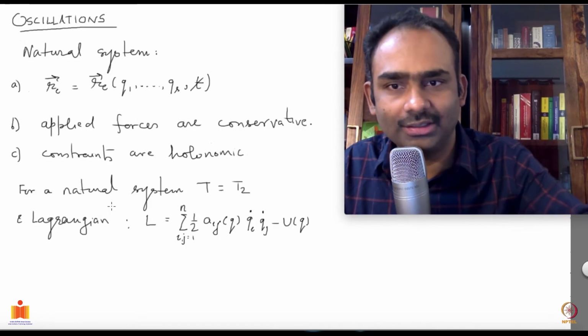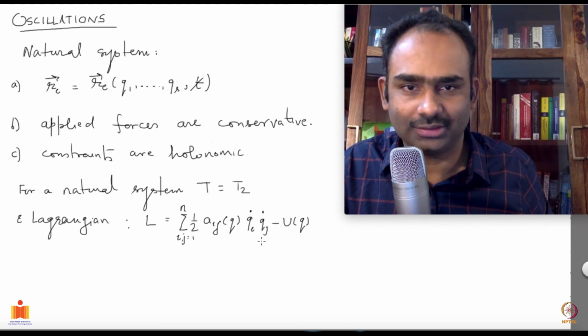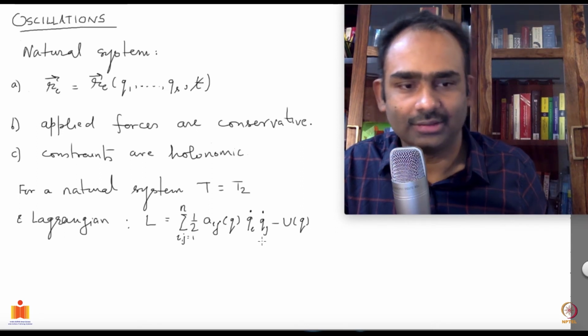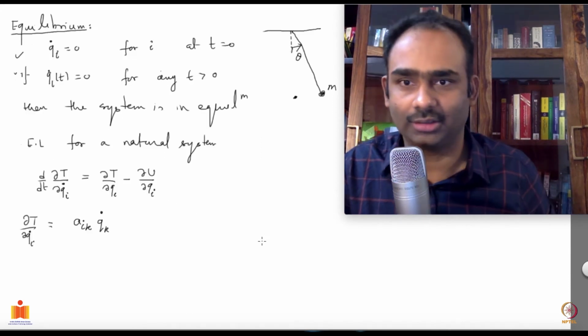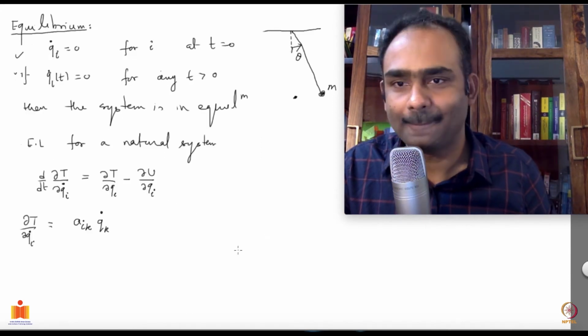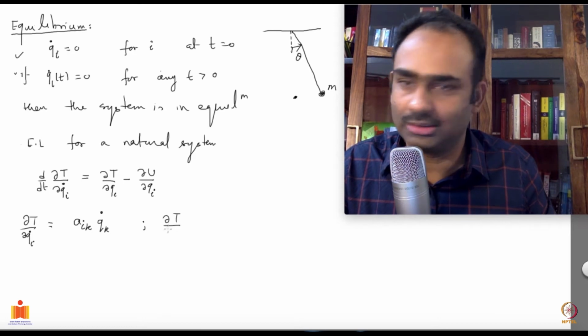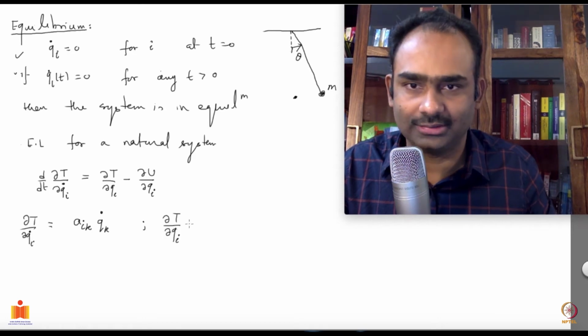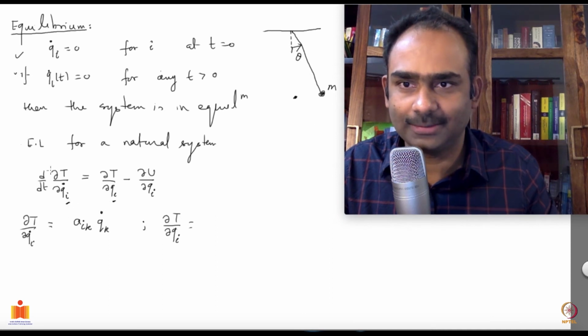What I've done is taken this piece and differentiated it with respect to the generalized velocity q i dot. So that's what you get. Also, let's see what del T over del q i is. First I had looked at this piece, now I'm looking at this one.